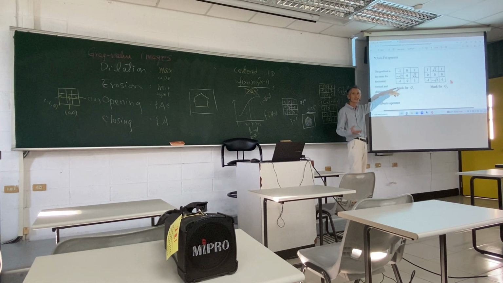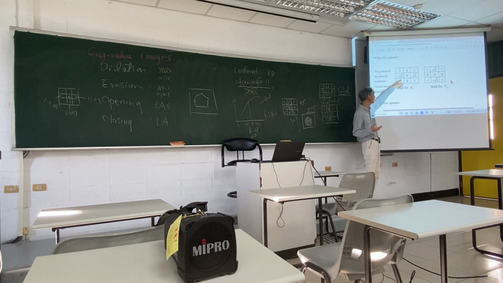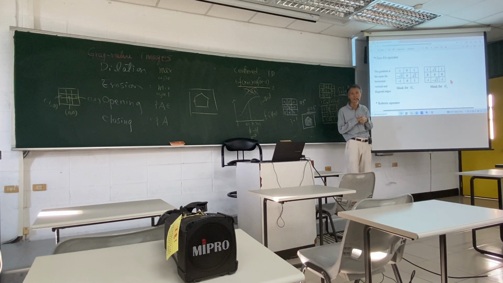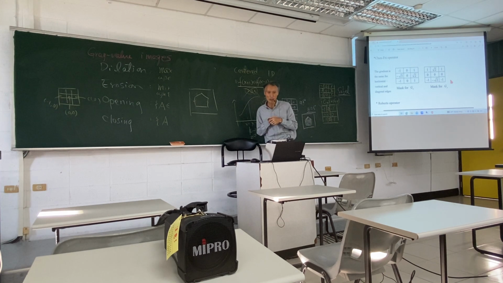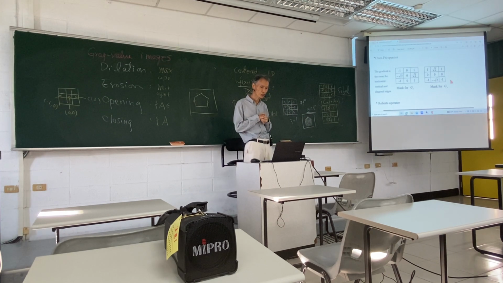But what is the disadvantage of this filter? When you use square root 2, the value is not an integer, so the computation time will be a little bit longer compared with the Sobel operator, but that's another choice called Chamfer.